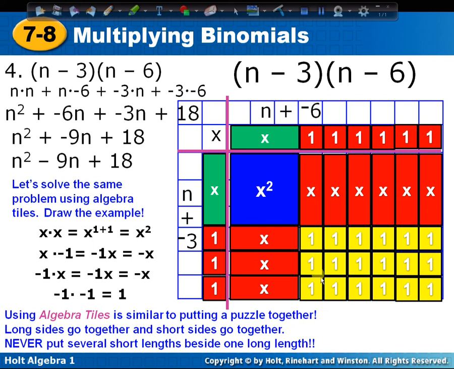And then I have 18 positive unit pieces, and I'm going to write that as +18. So n squared minus 9n plus 18 should be your final answer for this on your graph paper with your algebra tiles. Make sure that you have that down before you move on.